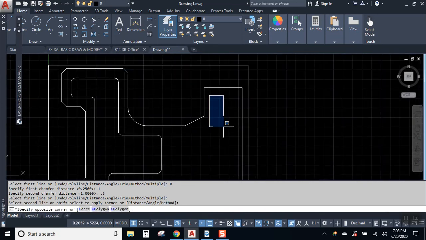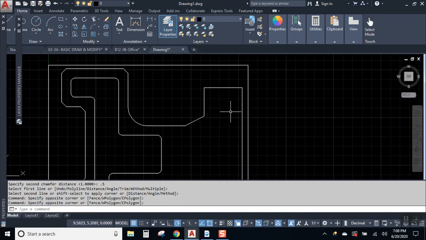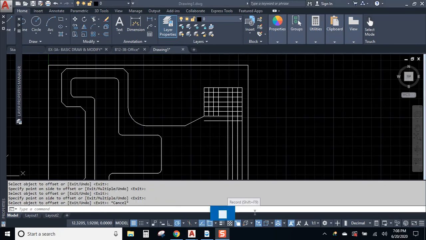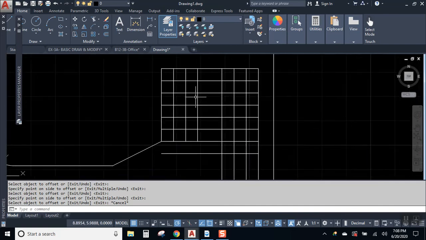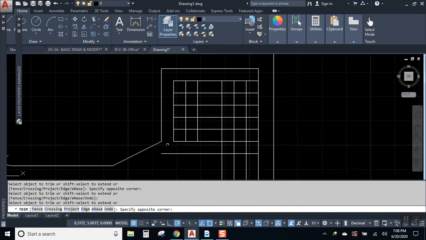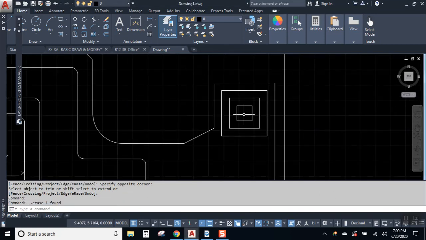I need to make those nested squares now, so I will use some offsetting to do that. And yeah, I know that looks like a god-awful mess, but that's okay. It's gonna get us going. You can do some trimming to clean up the line work that you don't need. And when you're all done trimming, look what we have.